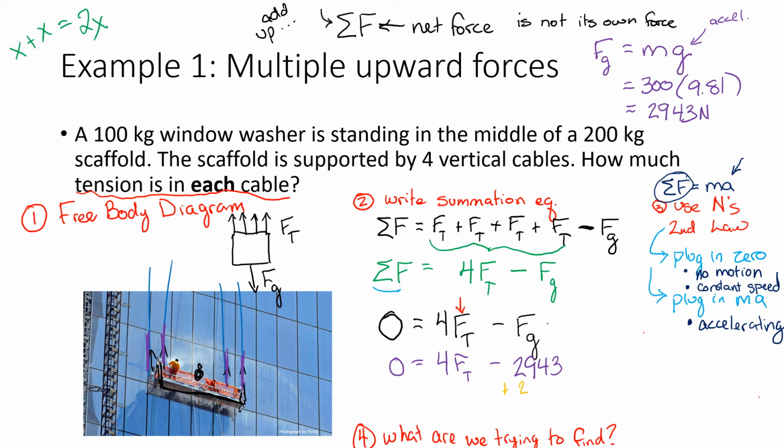So we add 2,943 to both sides. So we get 2,943 equals 4 times the force of tension. So we divide by 4 on both sides, and we get 736 newtons.